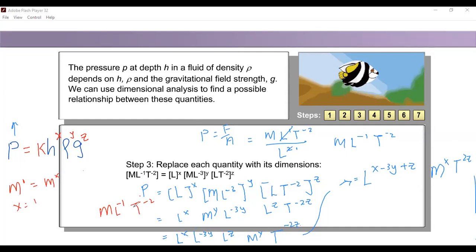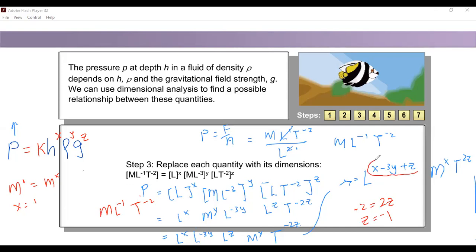Compare the T. T is 2Z. 2Z is equal to negative 2. So we can set that 2Z equal to negative 2. Negative 2 equal to 2Z. So that means Z equal to negative 1.